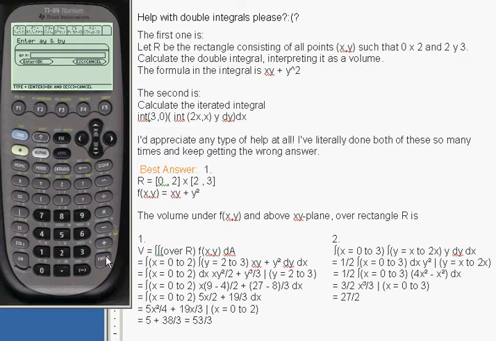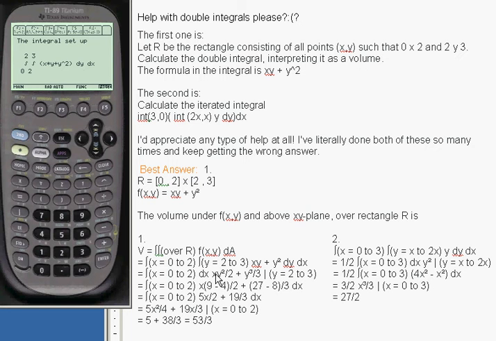Ay by, we're going to press that equals what? 2 and 3. Alpha 2, alpha 3. Enter, enter. I say that's okay. So the integral is set up like this: 0, 2, 2, 3.